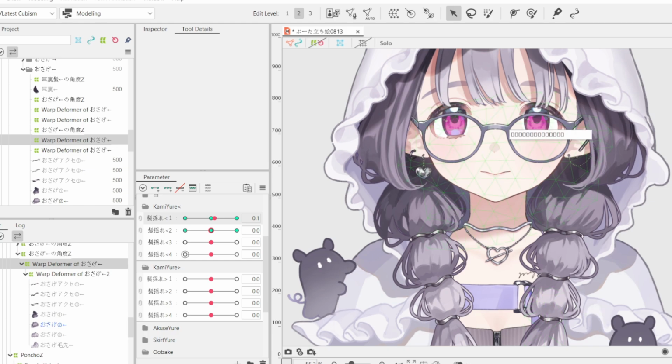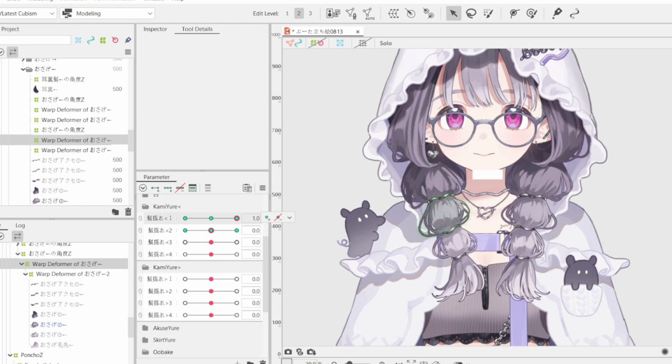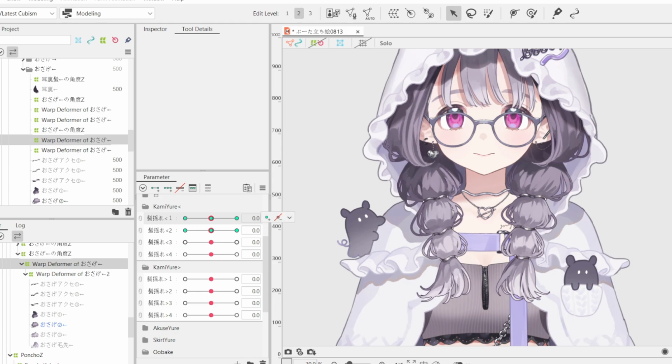The topmost deformer moves the top of the hair, so like the pinch point of this, where it gathers here. This is basically where the quote-unquote joint would be, if you're imagining it like it's bones. And then you move it in this way. And then the middle deformer moves the midpoint of the hair.